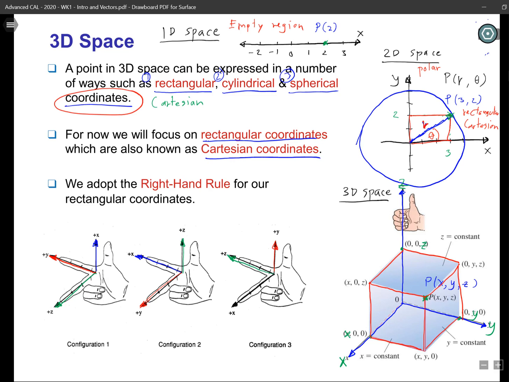So, which means that you can have x, y, z in different order, but that order has to follow the right-hand rule. But most of the time, you are going to see this kind of order, right?